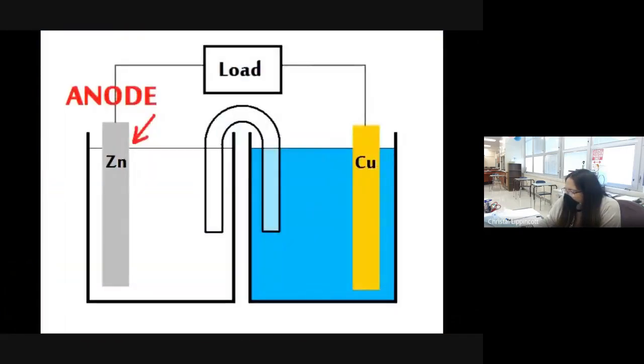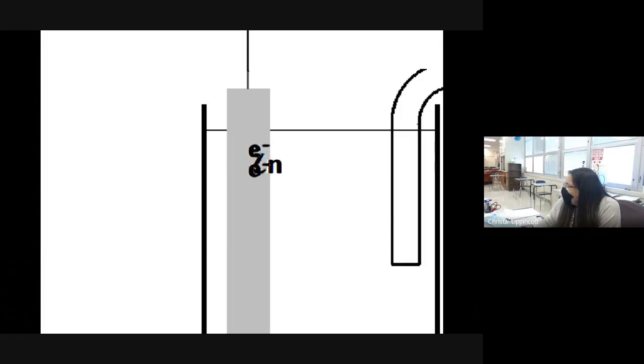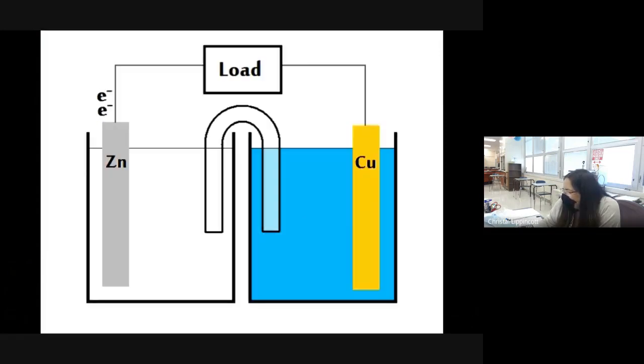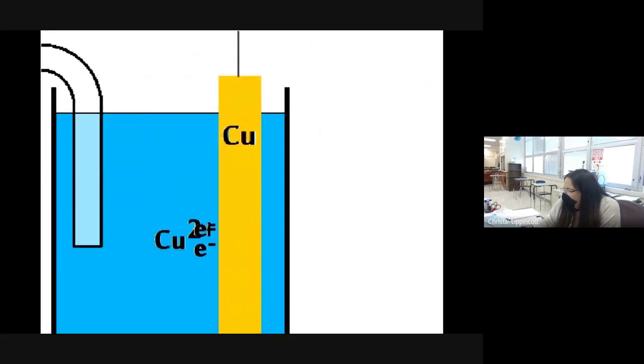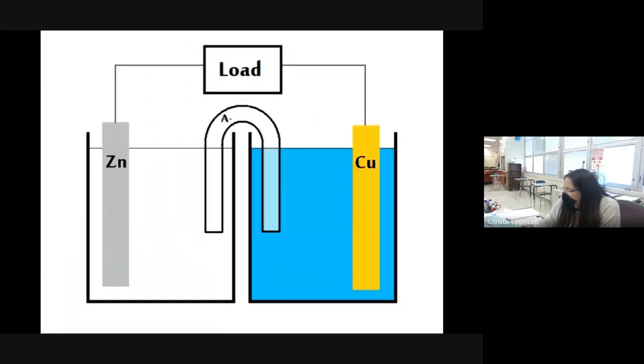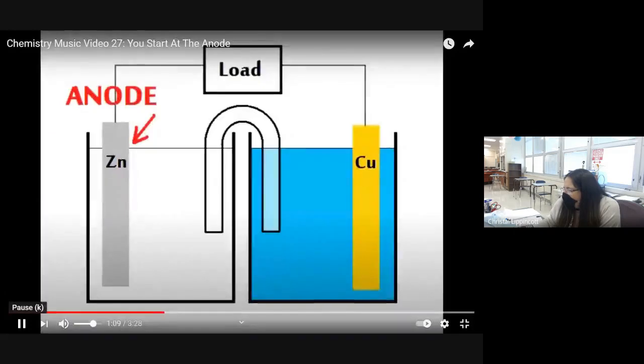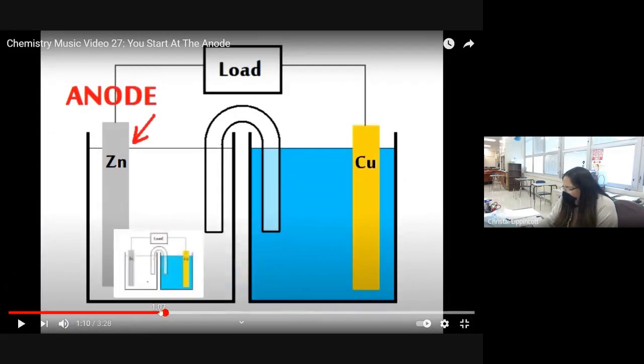We start at the anode, electrons are lost there and go through the wire and through the load on fire. They enter the cathode and reduce the cations, and the anions go through the salt bridge back to where we start at.